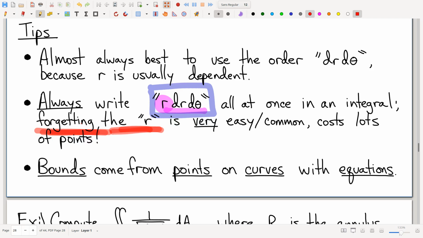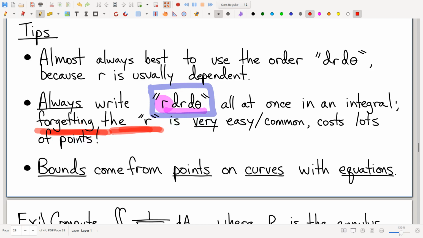And it makes me cry a little bit every time I see a student's paper where they just wrote down the dr d theta. I know what happened. I know they got distracted and almost certainly would have remembered except they forgot. But I have to grade based on what's written on the page, and then I can't give them the points.